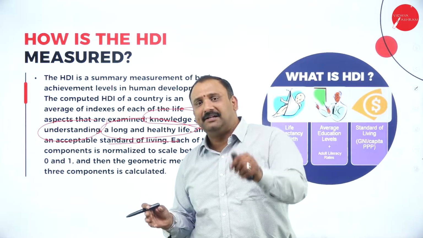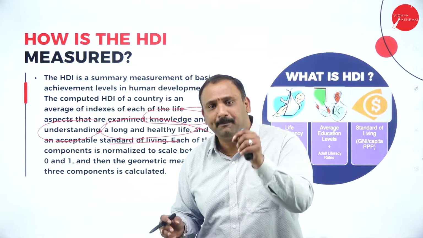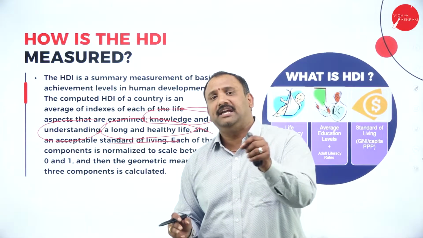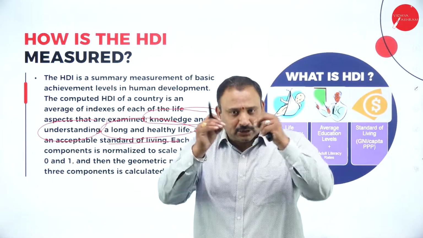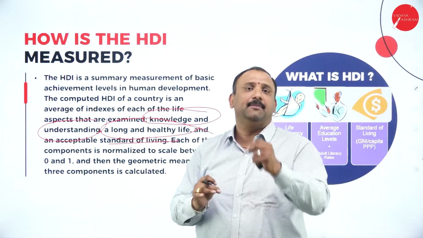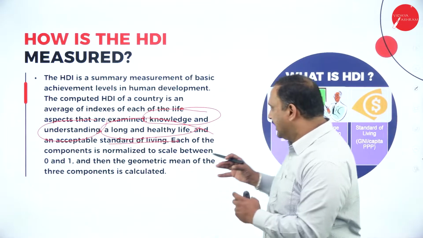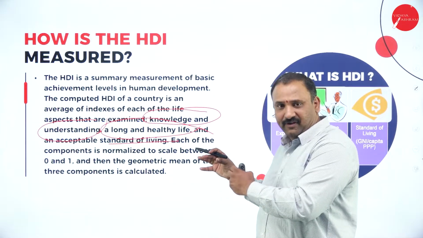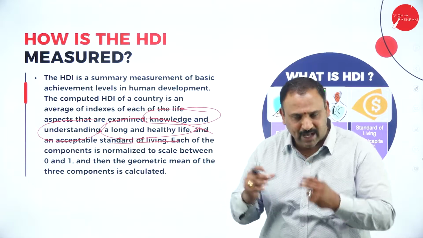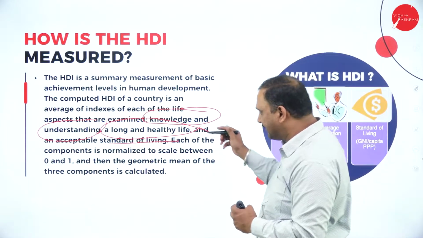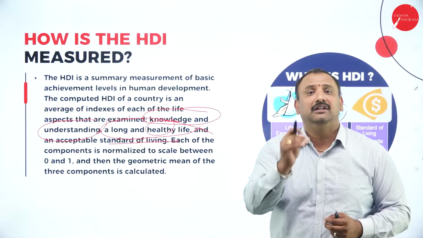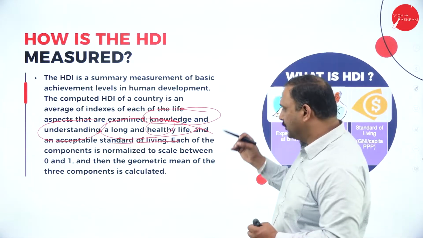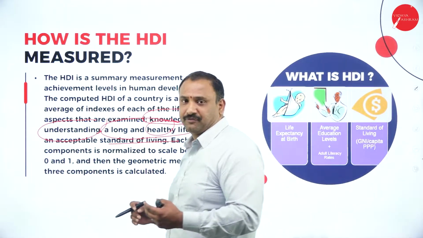But after the pandemic, health became the number one priority for each and every one of us. The very thought of survival became a question mark. So today, living a healthy life itself is a very big boon, I would like to say. So HDI would look into measuring whether you are able to live a long and healthy life, followed by an acceptable standard of living.